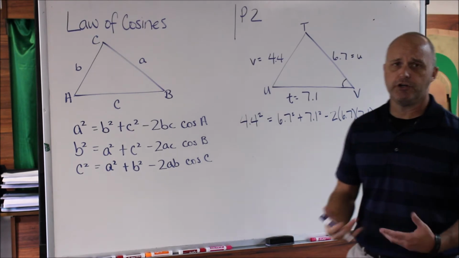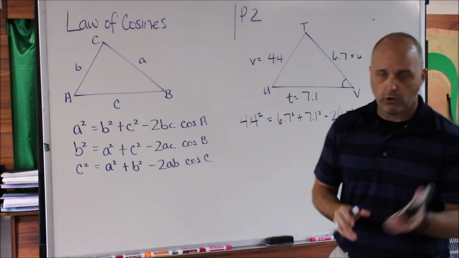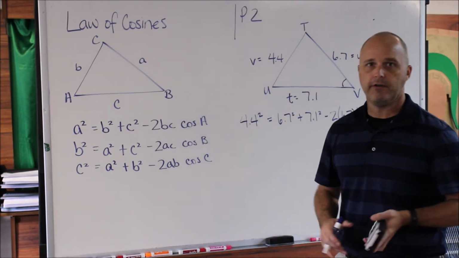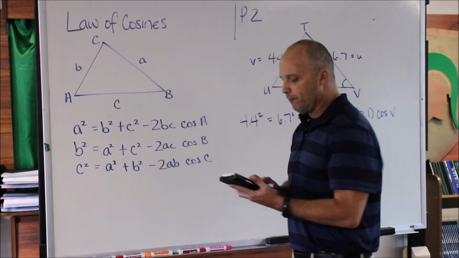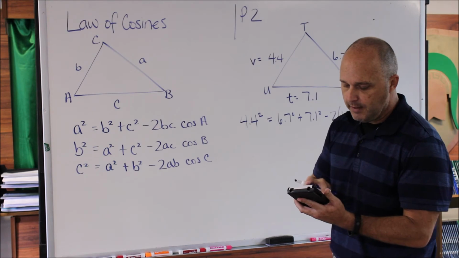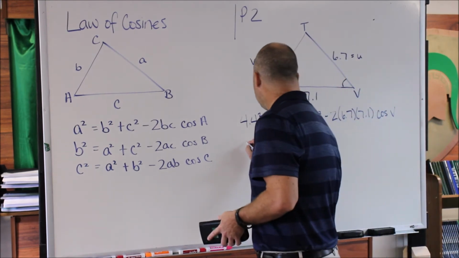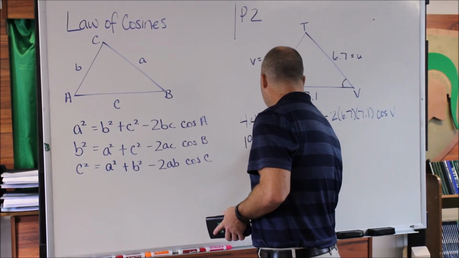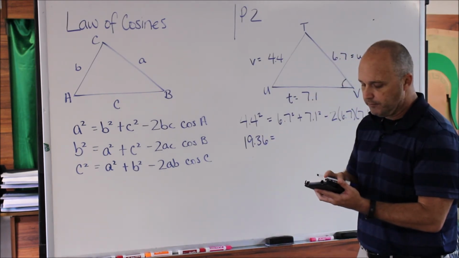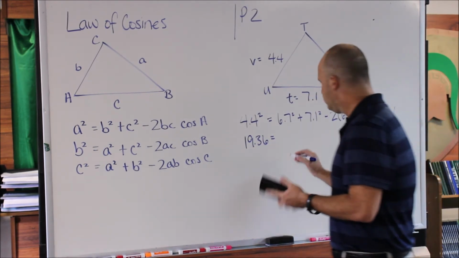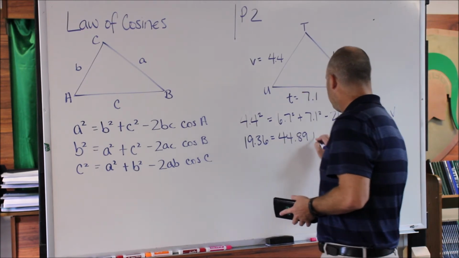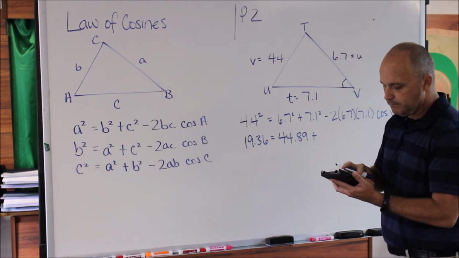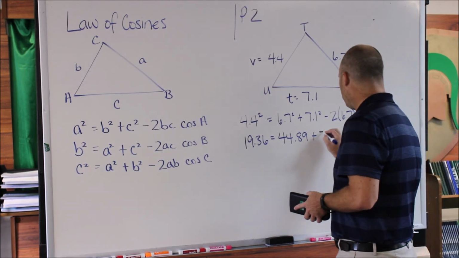Now you want to take your calculator and work this down, and we're going to simplify this as much as we possibly can. 4.4 squared gives us 19.36. Then 6.7 squared is 44.89. 7.1 squared is 50.41.